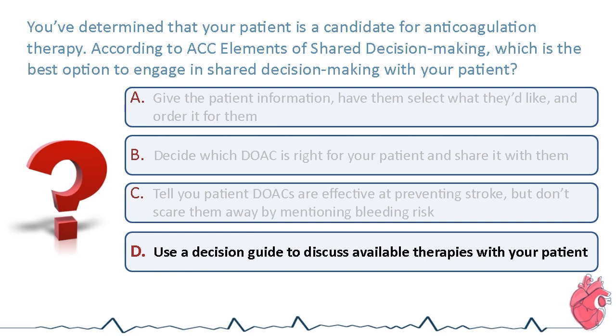C, tell your patients that it's effective at preventing stroke, but not share with them about the bleeding risk. This would put you at liability if they did have bleeding issues, or if you happen to order something that was not correct for that patient down the line and they did have bleeding issues. It just creates a poor patient-provider relationship when you're not being honest and transparent.